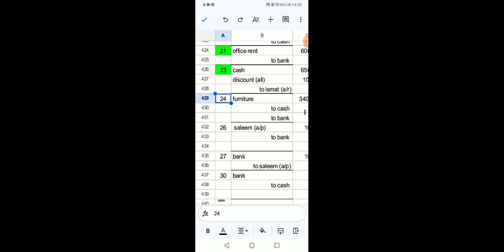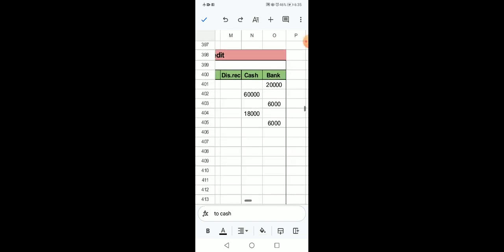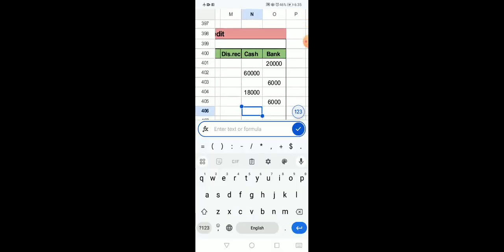Next entry is entry number 24, where there are three elements, furniture, cash and bank, but we are associated with only two elements, cash and bank. These two elements are needed to be posted. We will post them step by step. First element is cash. Cash is credited by 20,000. Go to the credit side of the cash and write 20,000 over here.